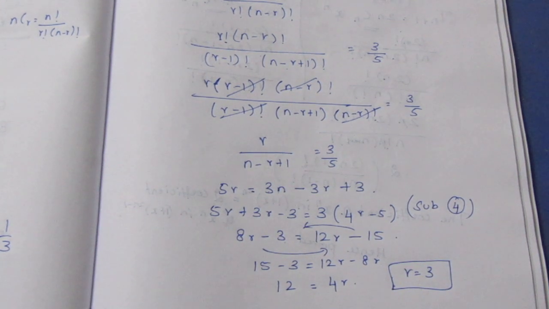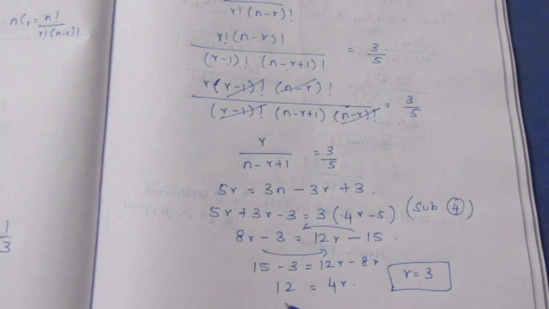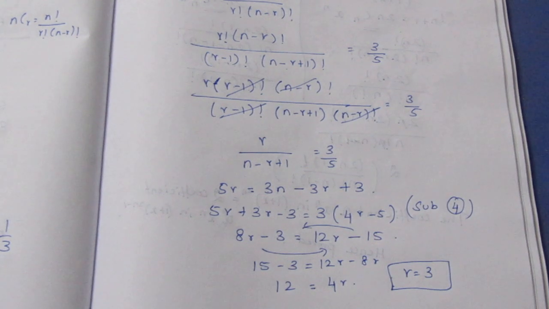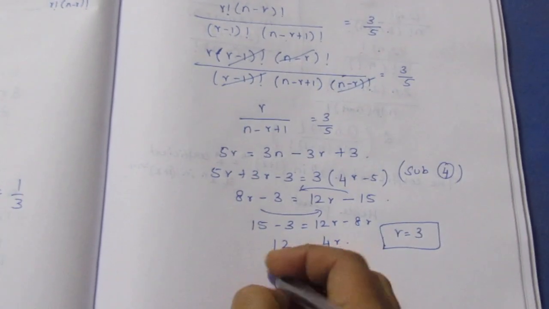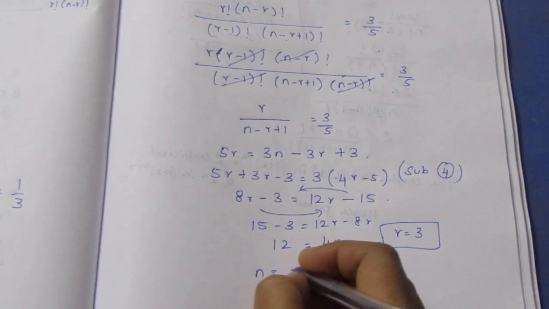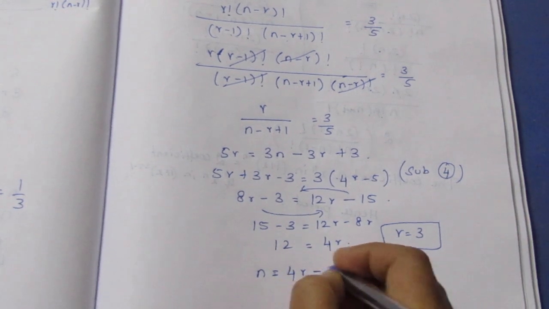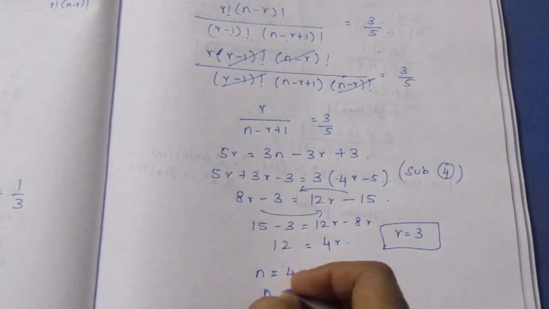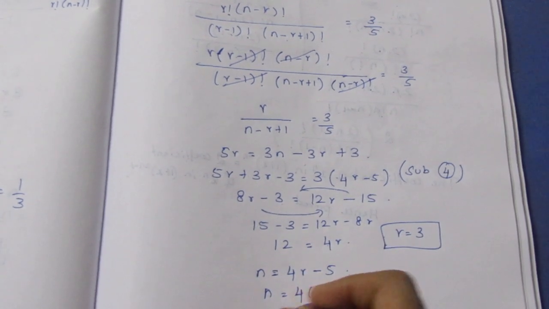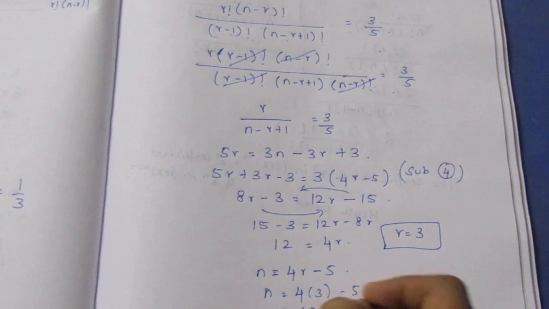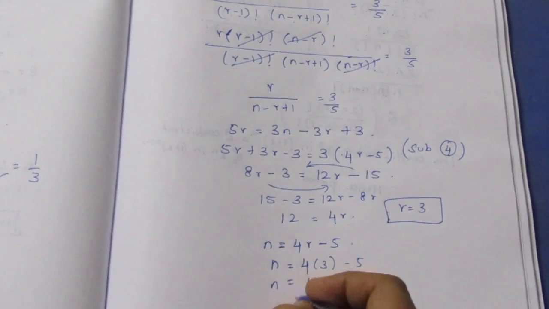So we got our r by taking this to this side as a divide. It gets cancelled and our r becomes 3. So we have found r. Already we know the n equation, substituting it here, n is equal to 4r minus 5, substituting r here, it becomes 4 into 3 minus 5, which is 12 minus 5. So n is equal to 7.